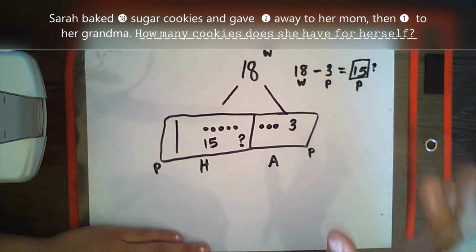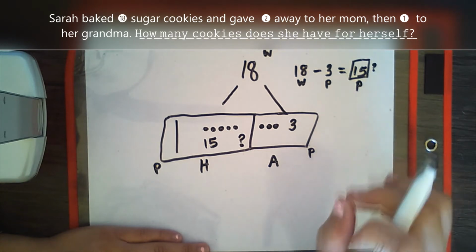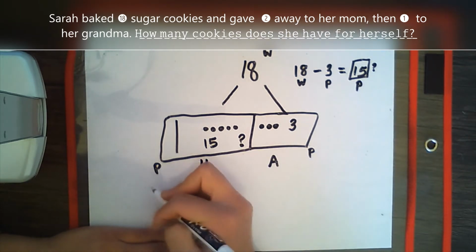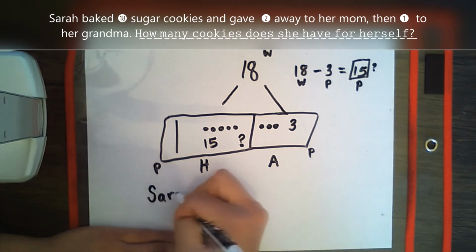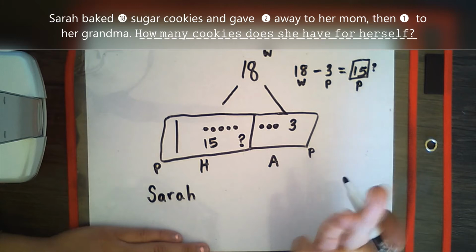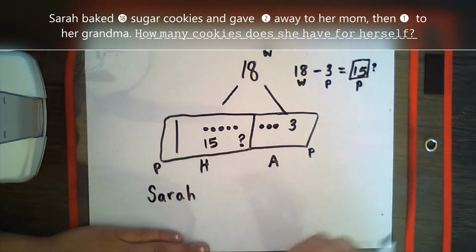Now we're going to write our word sentence. Ready? So, Sarah, and we know who her is. Her is Sarah. So it's important to use the name so that we know exactly who we're talking about.